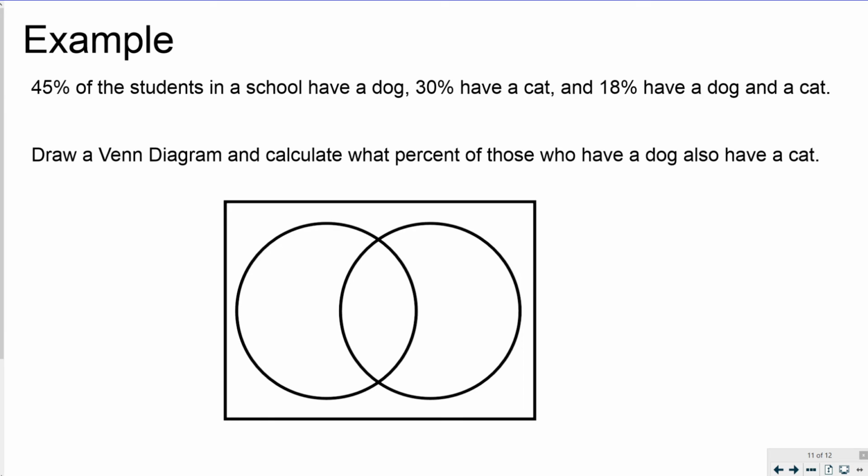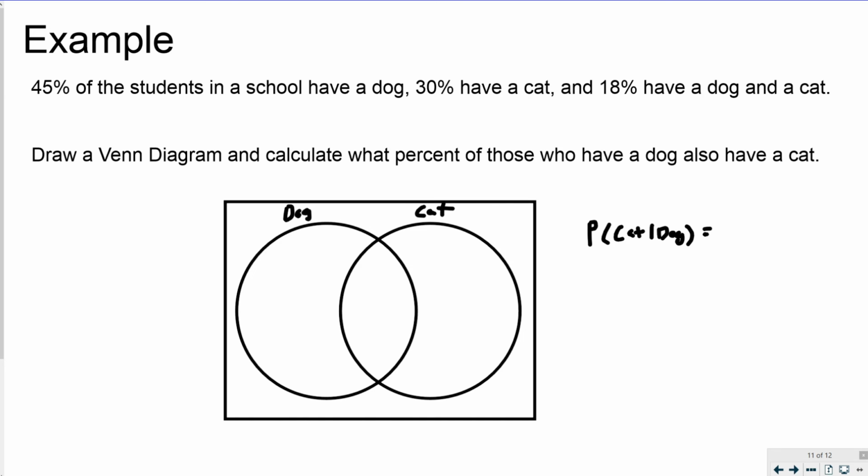So what we have is 45. This total circle, we're going to put dog over here, and we're going to put cat over here. So what we're looking for is the probability of a cat given that they have a dog.